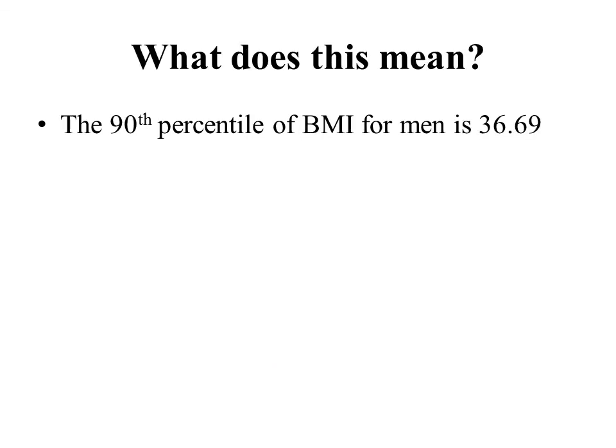Okay. Now, what does it mean that the 90th percentile is 36.69? That means that the probability that x is less than 36.69 equals 0.9. Or stated another way, about 90% of men have a BMI less than 36.69.